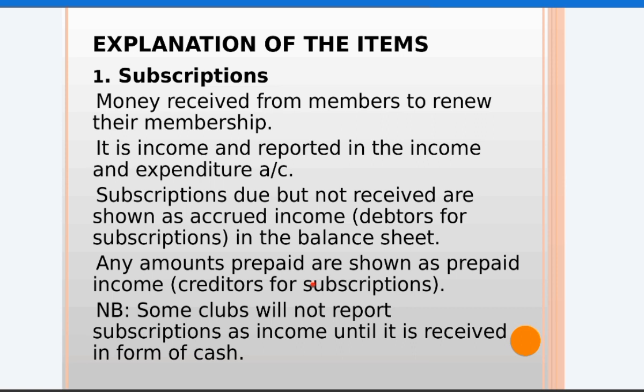But remember, any subscriptions received in advance will not form part of the income in the name of subscriptions for that particular year, because the basis we are preparing these financial statements is the accrual basis. So any subscriptions received in advance, we call them the creditors for subscriptions, and this item is treated as a current liability in the balance sheet.